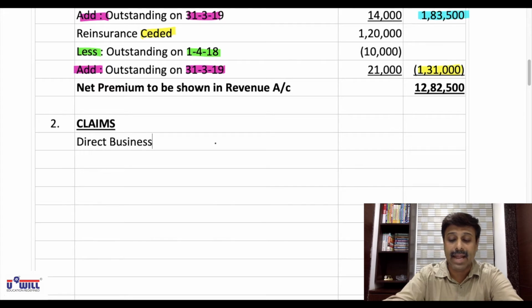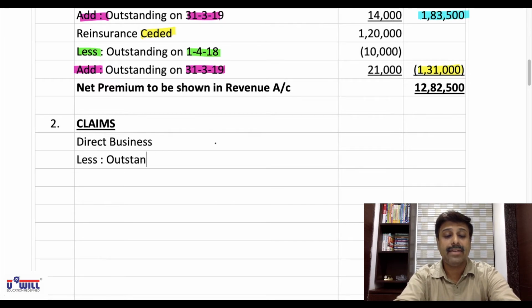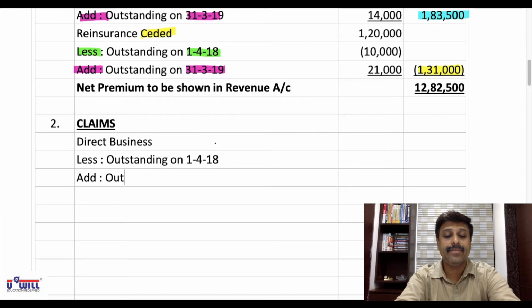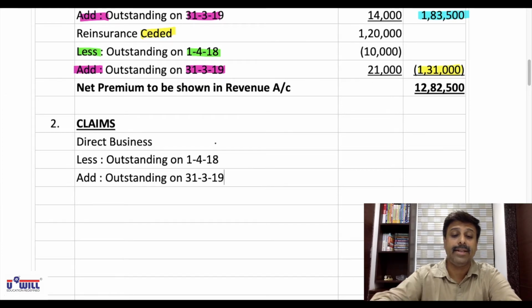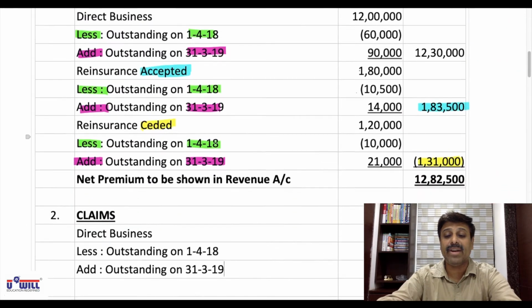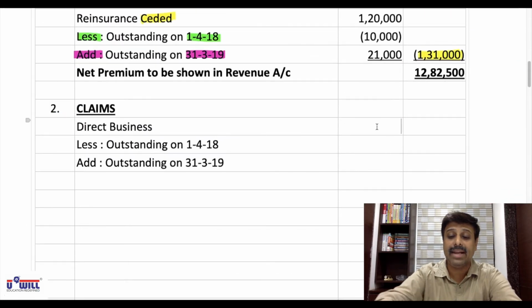So all of it on claims, direct business. In that we have to subtract outstanding on 1,418 and then we have to add outstanding on 31,390. Now what is the amount? Direct business amount is 8,25,000 in the inner column.